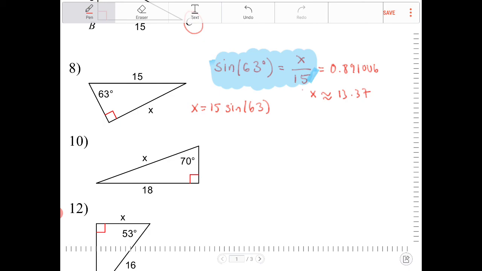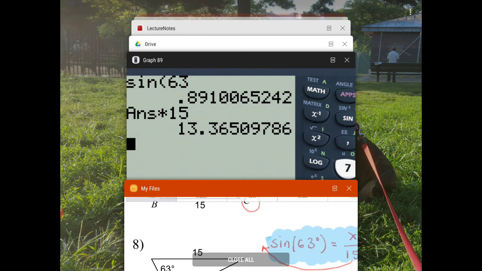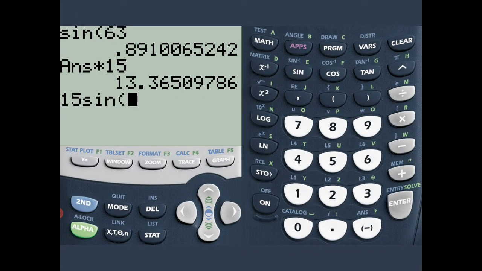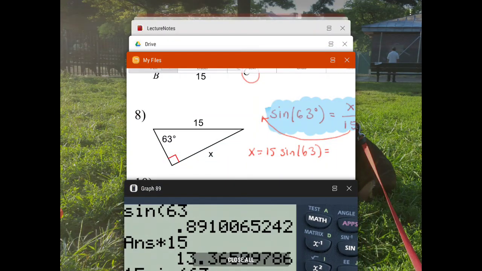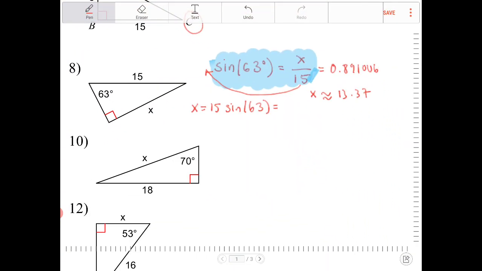If you enter that in the calculator in this one step, you'll get the same answer, 15 times sine of 63. So that's just doing it in one step rather than multiple steps, okay? So that's approximately 13.37.